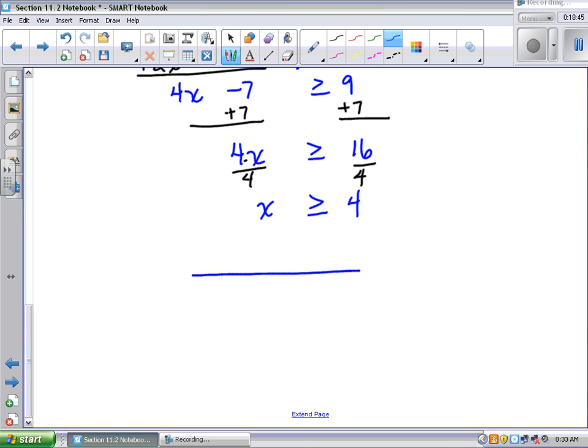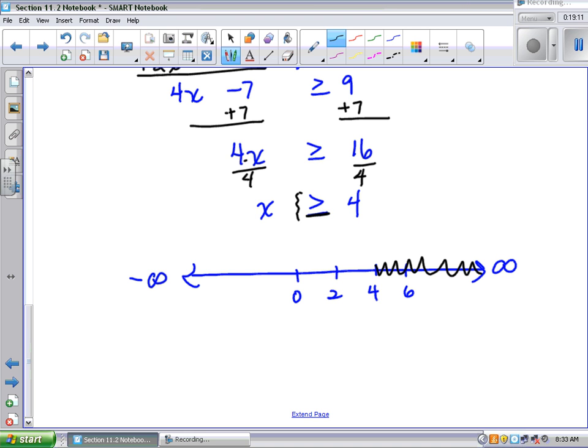When I draw my number line, and here I'm going to mark off in units of 2, 2, 4, 6. I want x to be on which side of my inequality? x is on the big side. The big numbers always go to the right. So there's my shading.